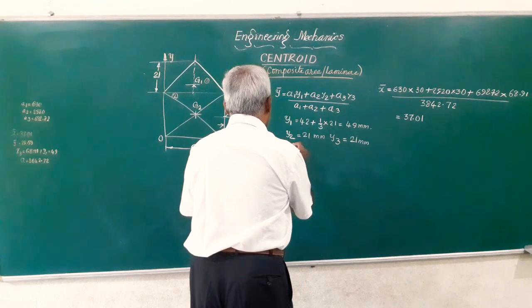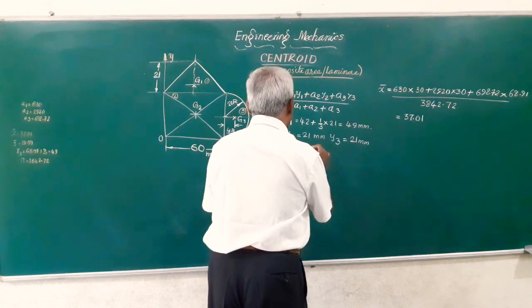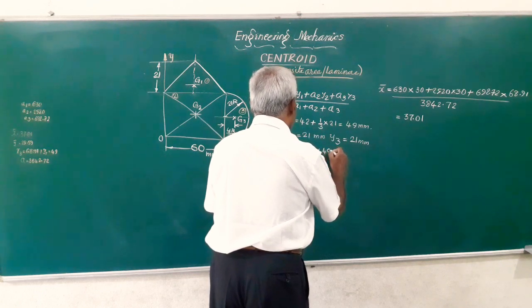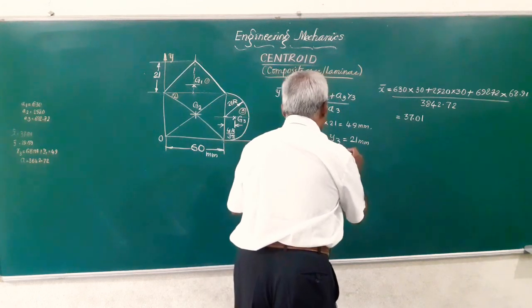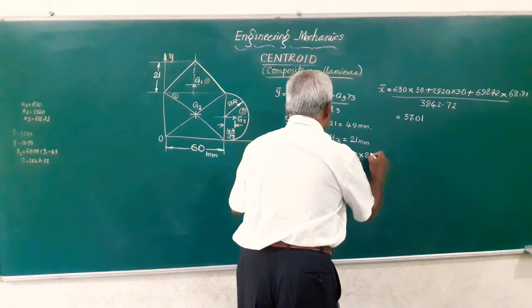Therefore, y bar is given by a1, 630, multiplied by y1, 49, plus a2, 2520, multiplied by y2, 21.